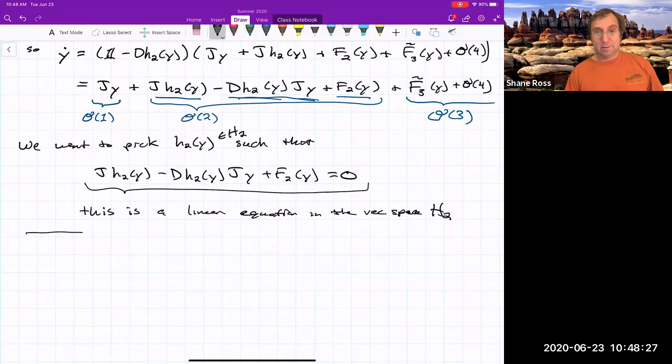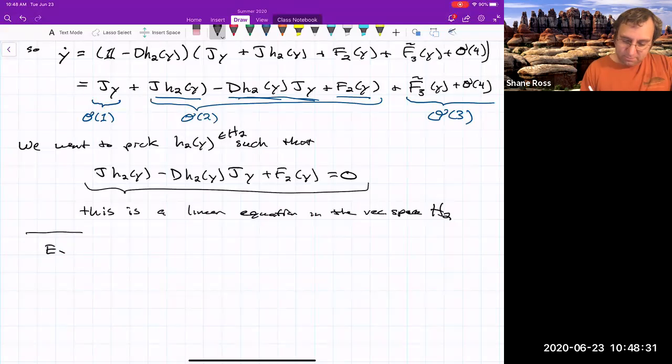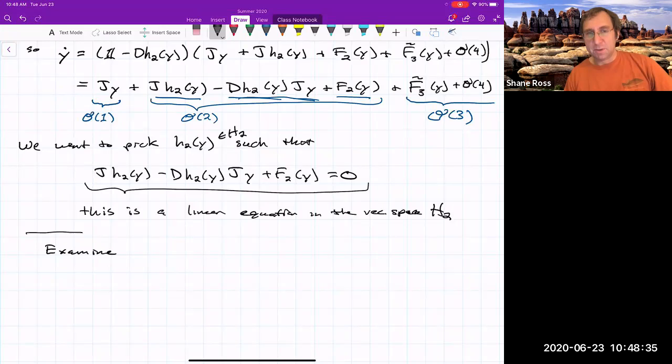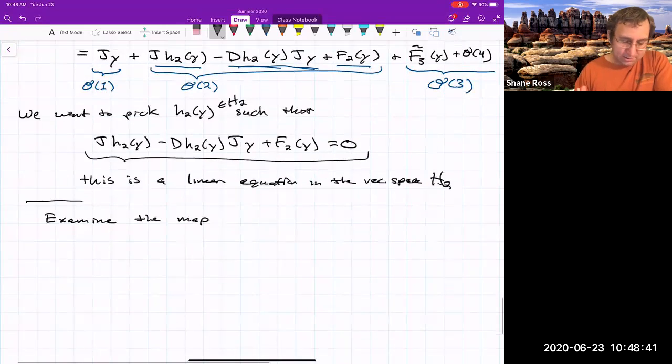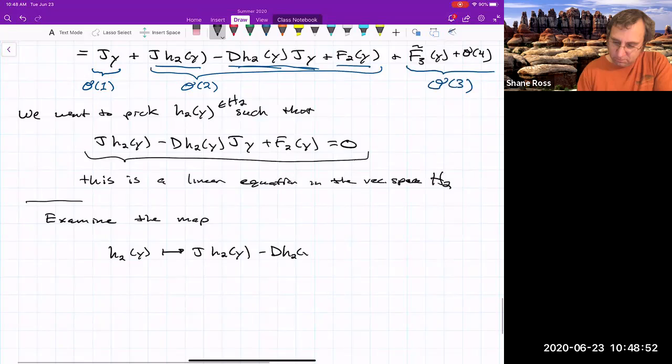So we need to examine a map. Hopefully if you know enough about vector spaces this will make sense. We take H2 and map it into JH2Y minus DH2Y JY.